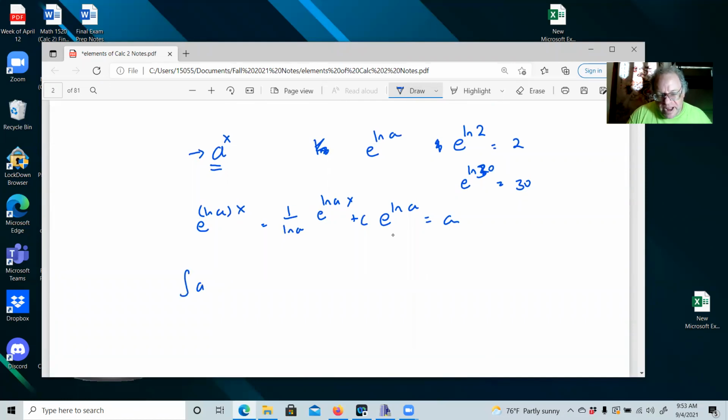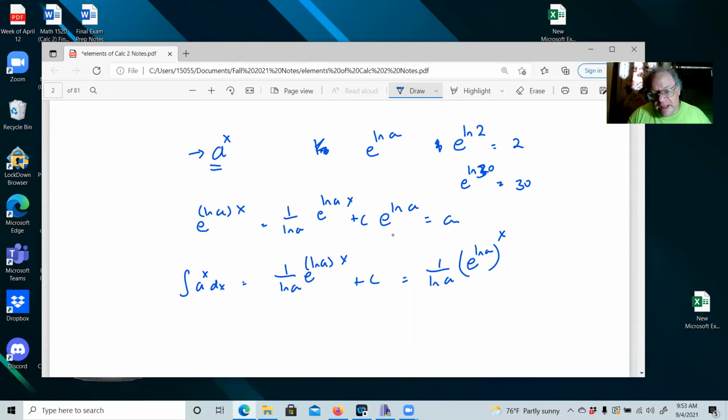The integral of a to the x is 1 over the natural log of a, e to the natural log of a, x, plus c. Now, our rules of logarithms might help here. This is e to the natural log of a, raised to the x.